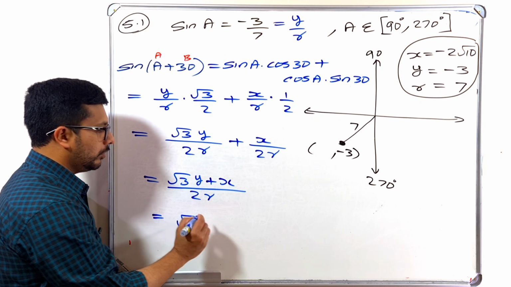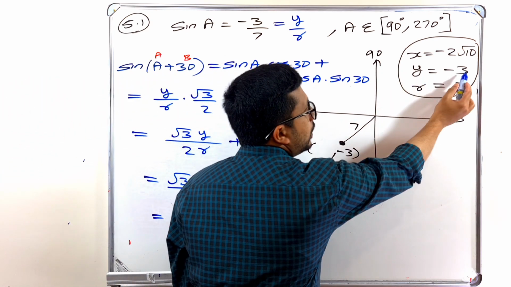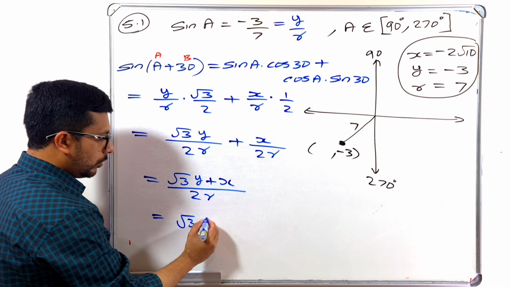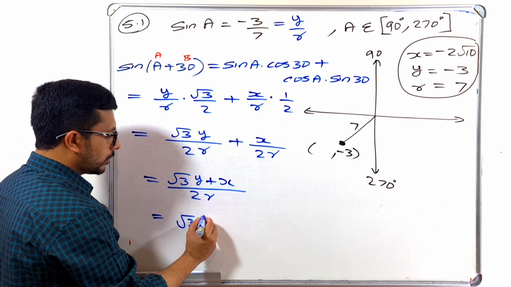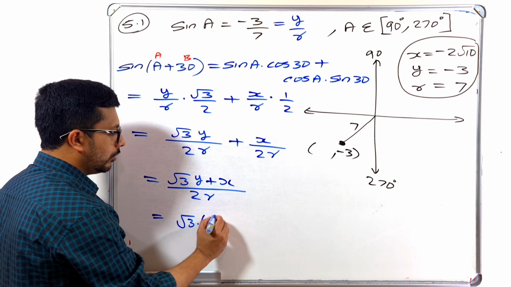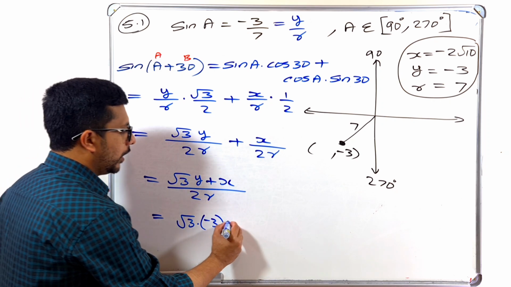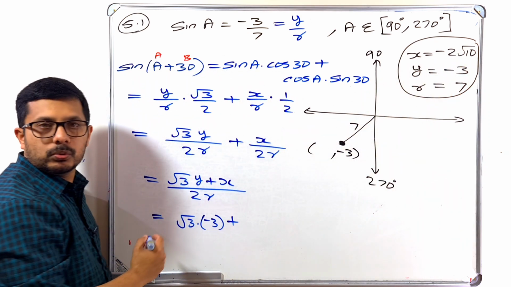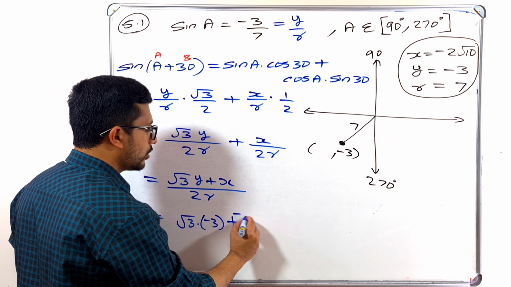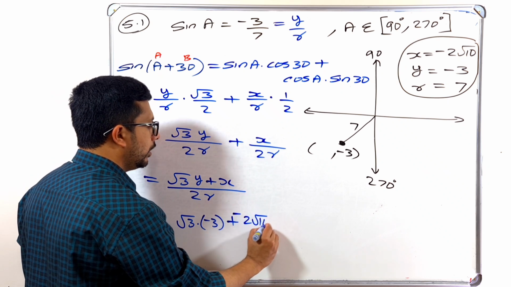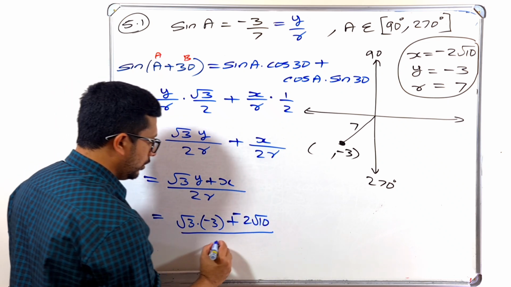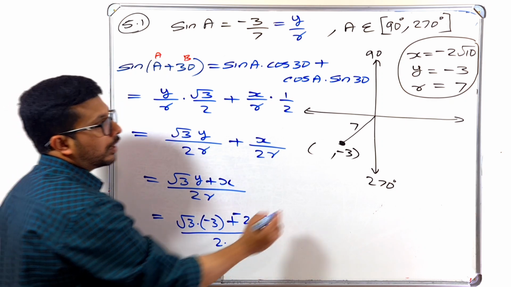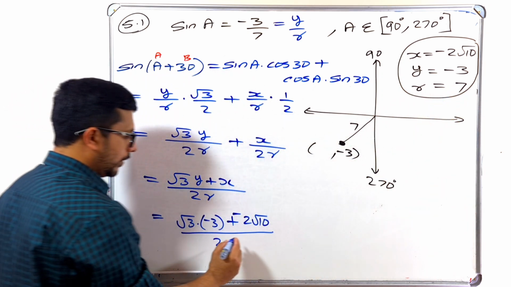Now what is the y value? Root 3 into, y is minus 3. So root 3 into minus 3, this is times, don't make a mistake there. Plus x, and the x value we got is minus 2 root 10, divided by 2 times r, and r is 7.